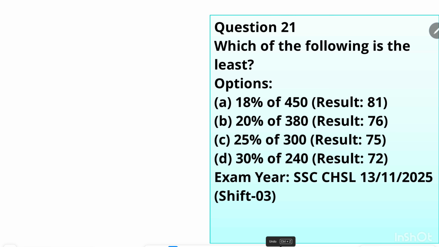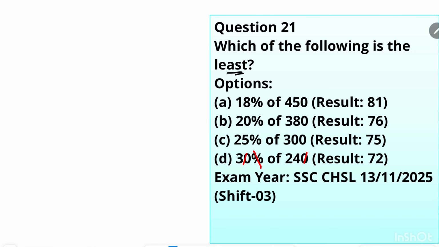Look at it. Which of the following is the least number? It is not given in simple form, but you have to find out which number is the least among these. So what we can do here, look at this percentage, we will cancel this 0 and this 0.